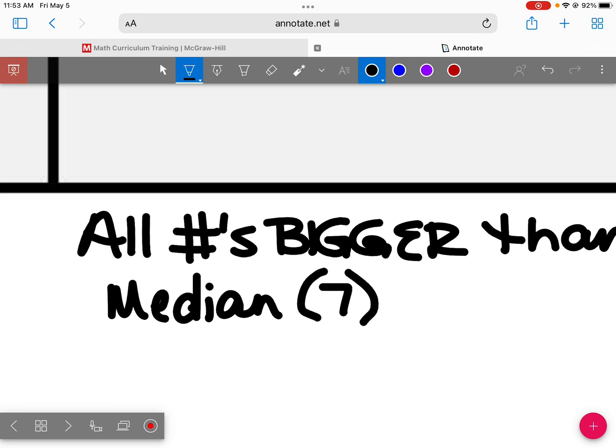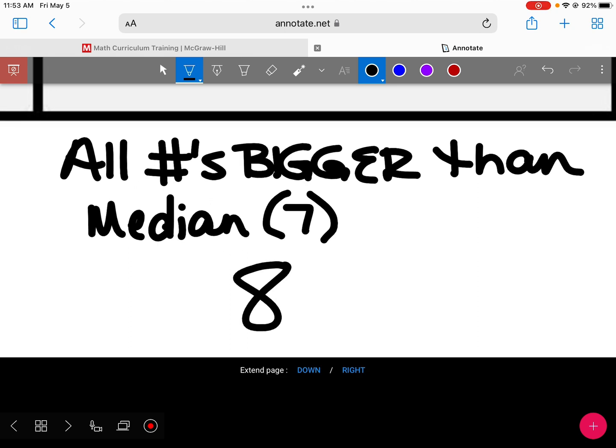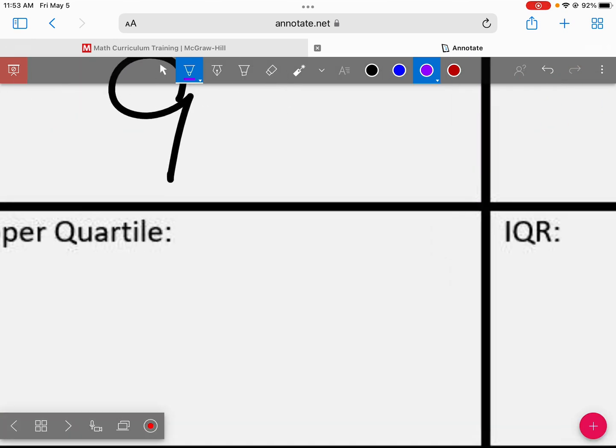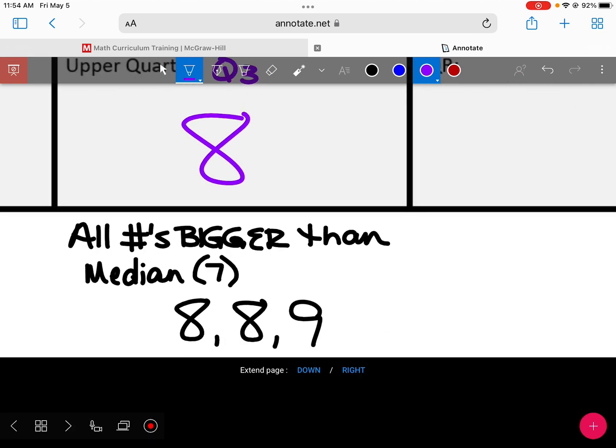Give me every number in that original list that is bigger than 7. 8, 8, and 9. For my upper quartile, Q3, I want the middle of that list. 8. Right in the middle here.